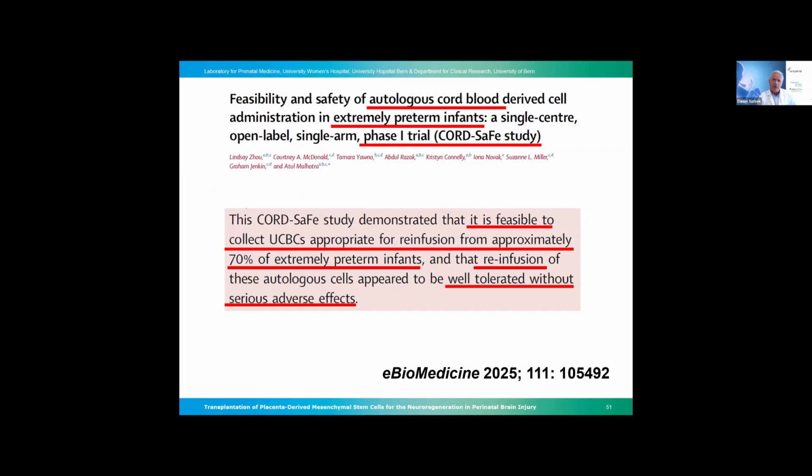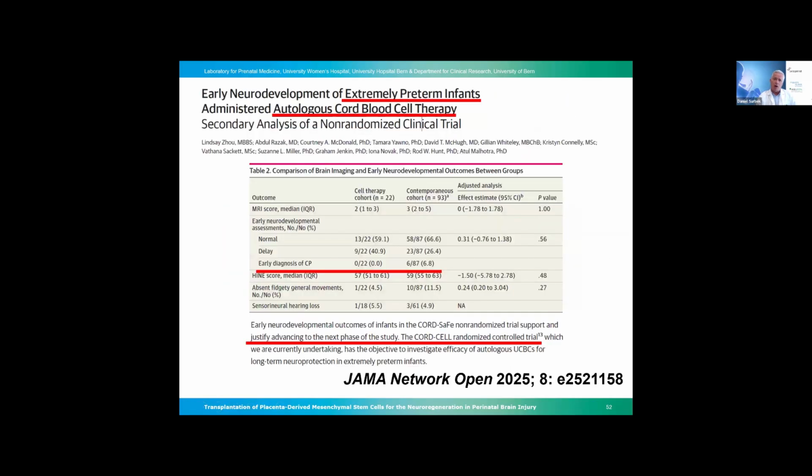Now there are further trials looking again at very preterm infants. So these are the first trials in very preterm infants, in this case using umbilical cord blood. This is again a phase 1 clinical trial. This paper was just published in JAMA Network Open.